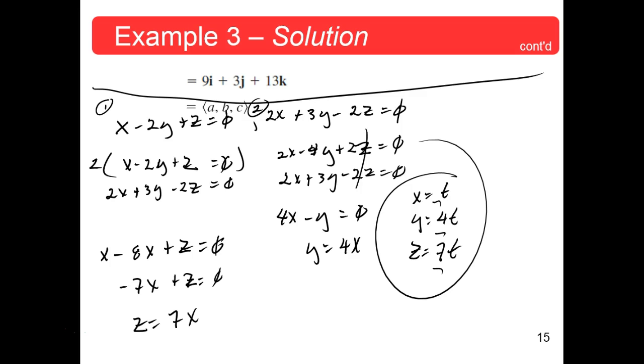It says, note that the direction vectors and direction numbers in example 4 can be obtained from the cross product of the two normal vectors.